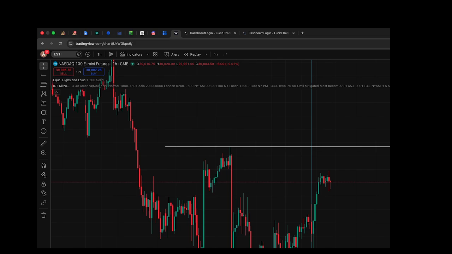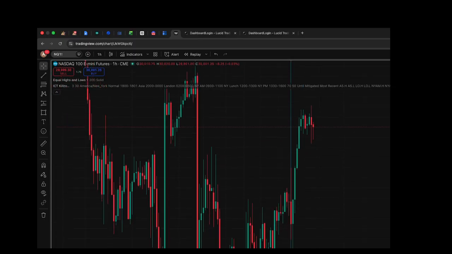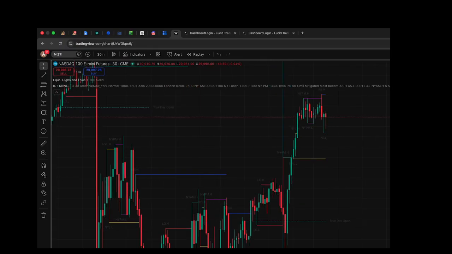As you can see, what did we do overnight? Overnight, put in a protected point in price, displaced away. We're displacing higher and higher and higher. No 1 hour gap, so let's drop down to the 30-minute gap right here. 30-minute gap right here. London lows protected.